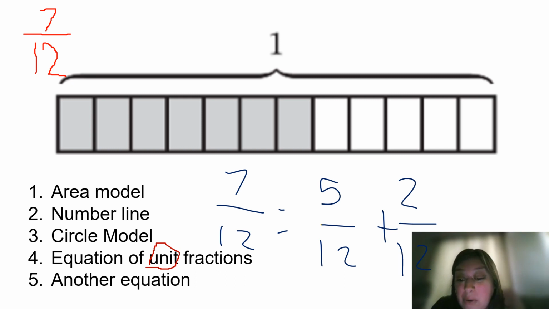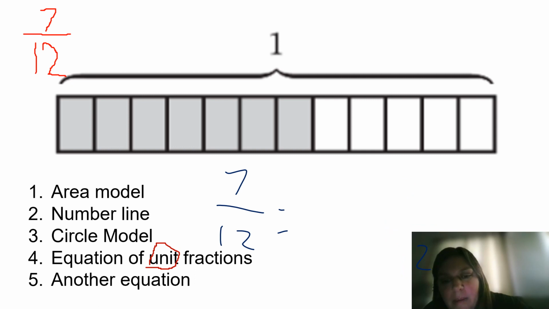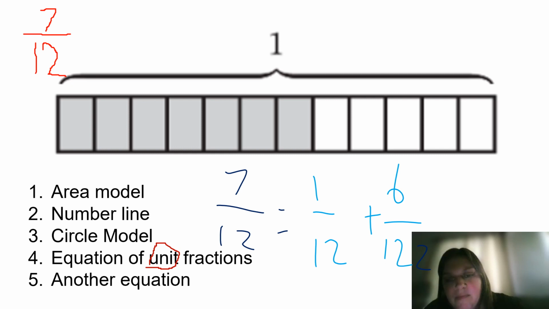Okay, go ahead, work with your partner, pause the video. What other ways can you come up with that you could write an equation for 7 twelfths? Go ahead and do that. All right, hopefully you came up with lots of ideas. One idea could have been 1 twelfth plus 6 twelfths.